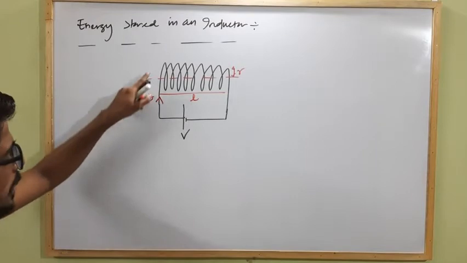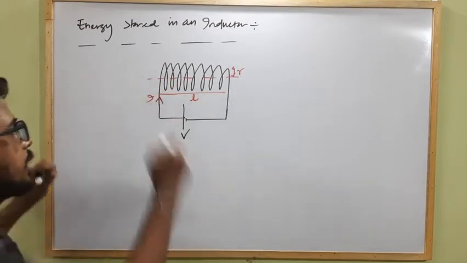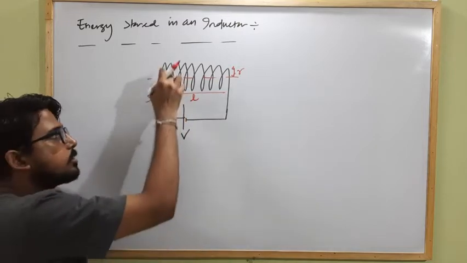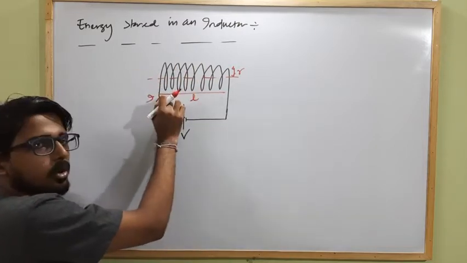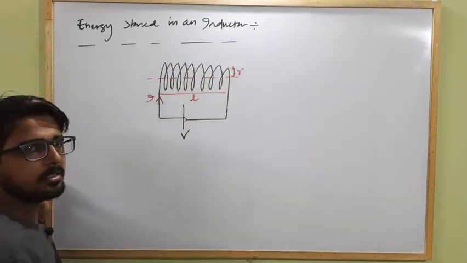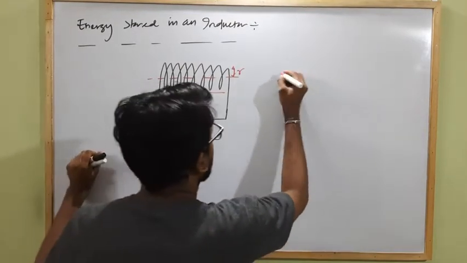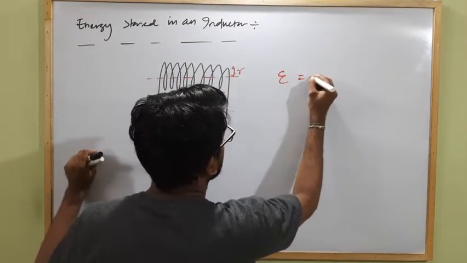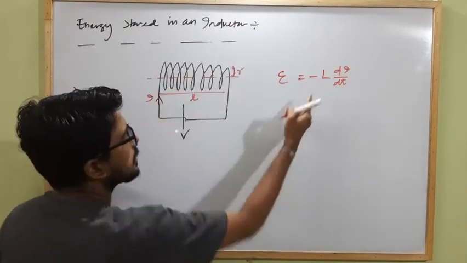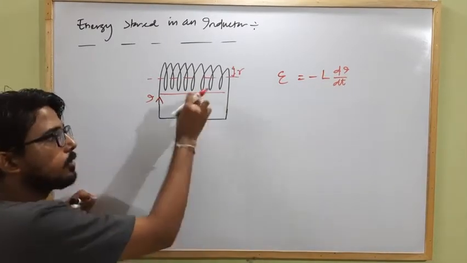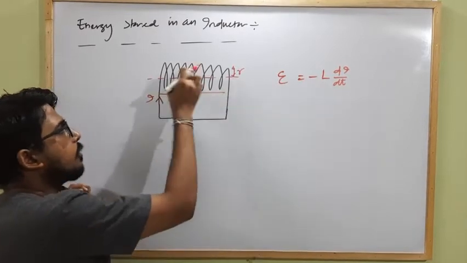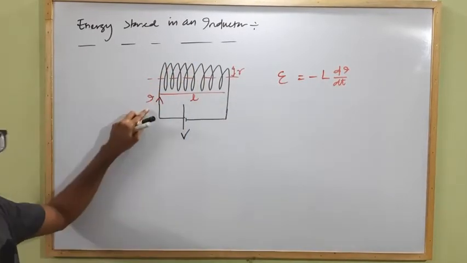As I starts flowing through this inductor, it will produce an EMF due to Lenz's law, which will try to oppose the cause, the change in magnetic flux. The phenomenon is known as self-induction, and due to self-induction, what is the value of induced EMF? We already know the induced EMF E equal to minus L into di by dt. Here L is the self-inductance of the solenoid, and E is the induced EMF which is produced due to flow of current to oppose this change in current.